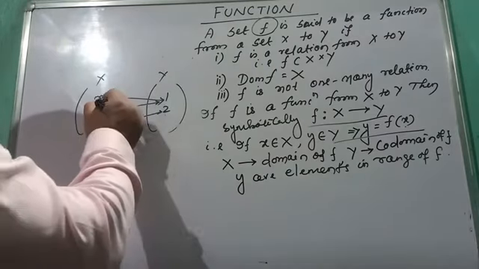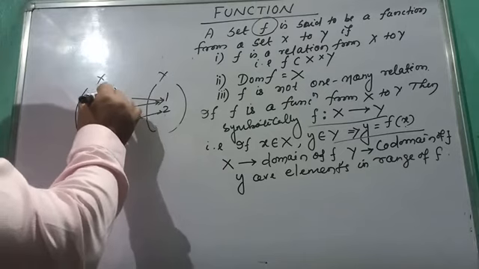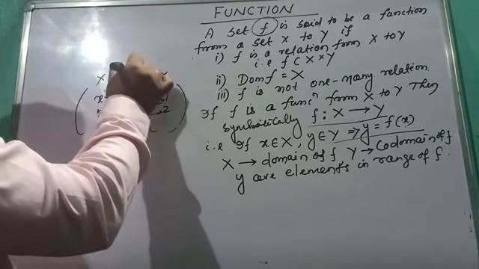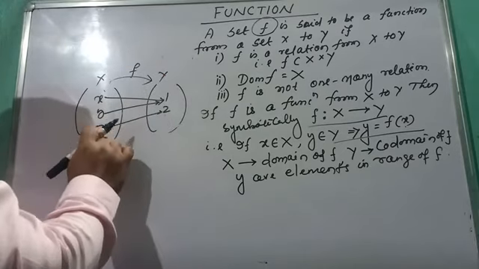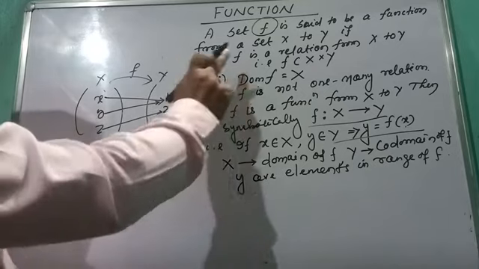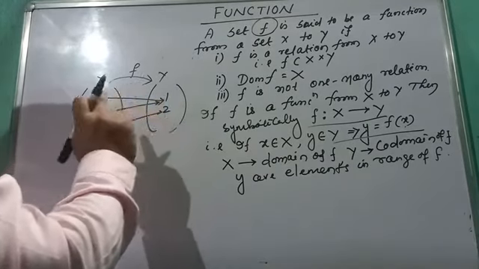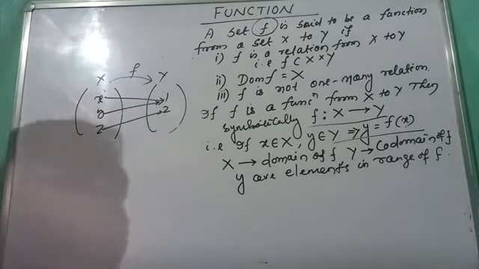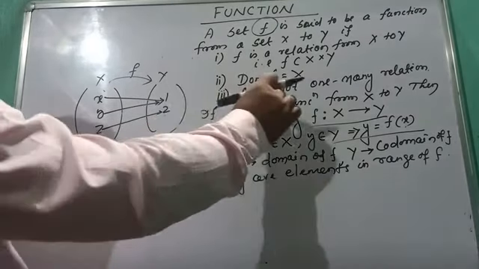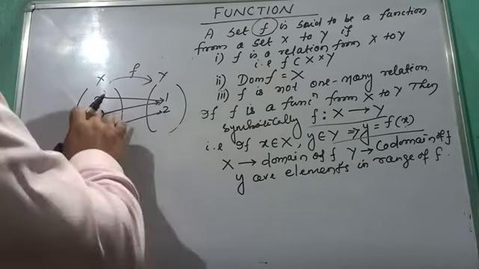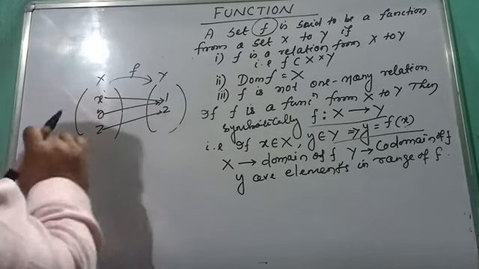Because here, what is the domain of F? If F is the function, the domain of F is the whole X set, and it is a relation, each element is related with an element of the Y set. Again, F is not a one-many relation; one element is not related with more than one.